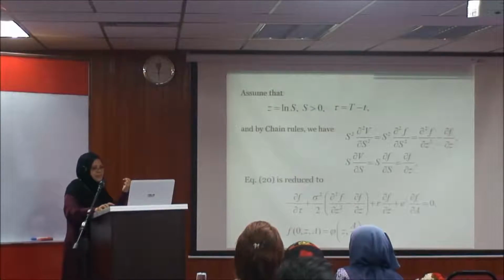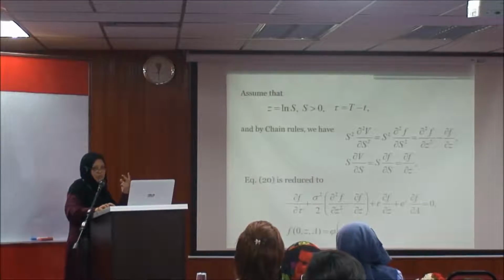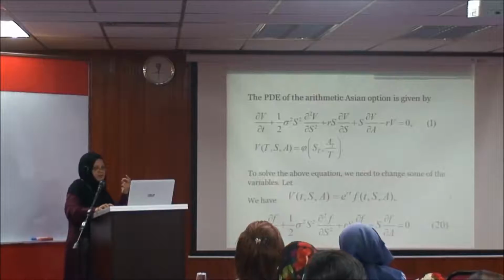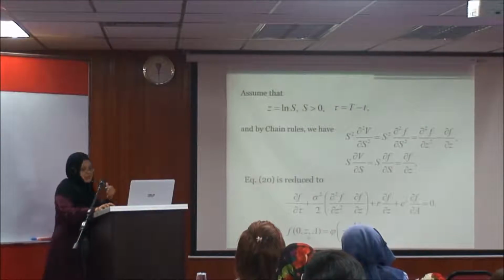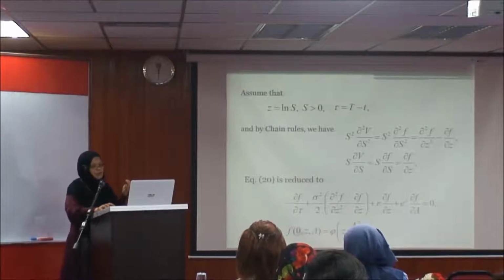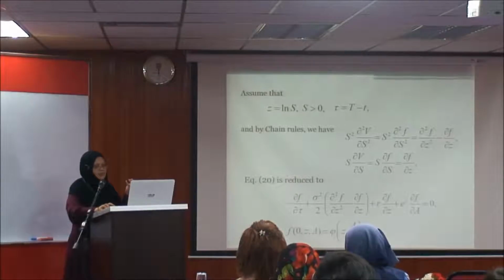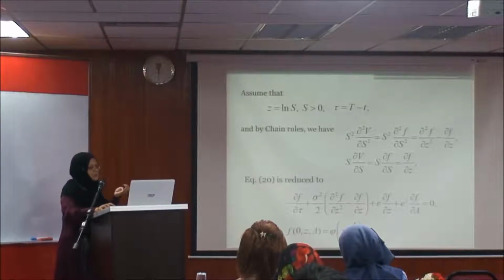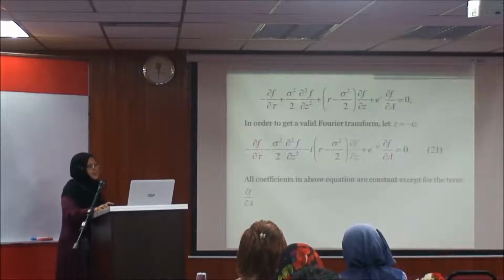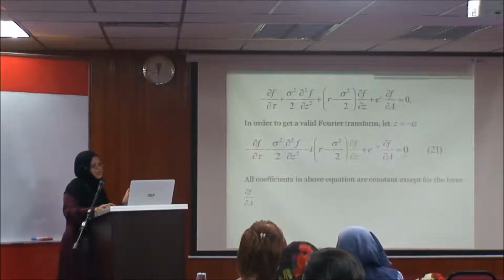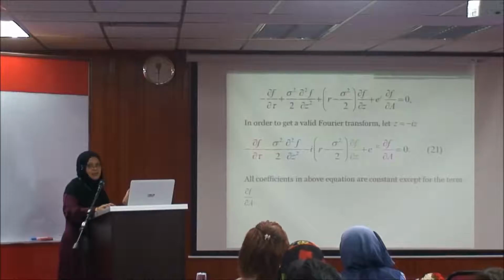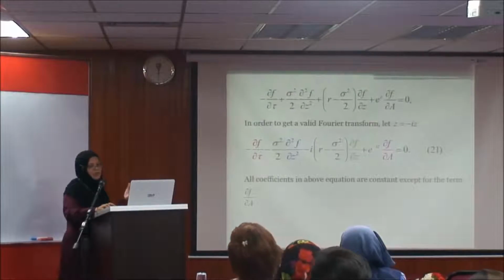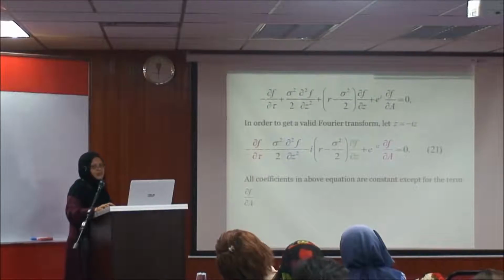With this one, you have another equation, reduced from equation 20 just now. And we have the initial condition again, f of tau is 0, z is actually ln s, and phi of z, a over t. I'm coloring it in order to let you see the Fourier transform that I'm going to show in the next slide.